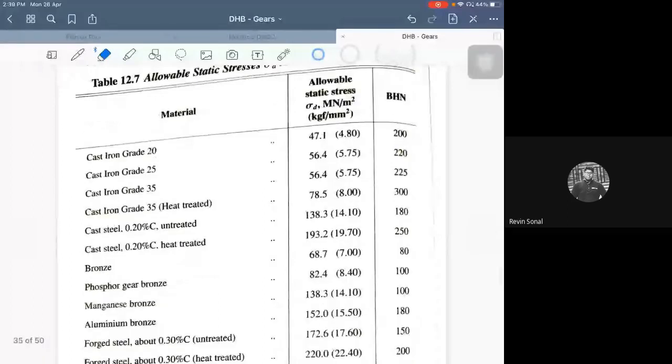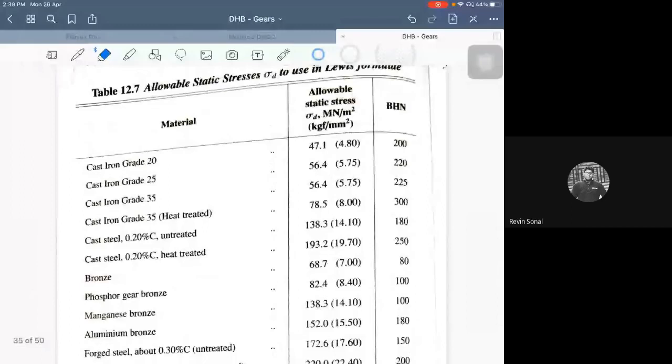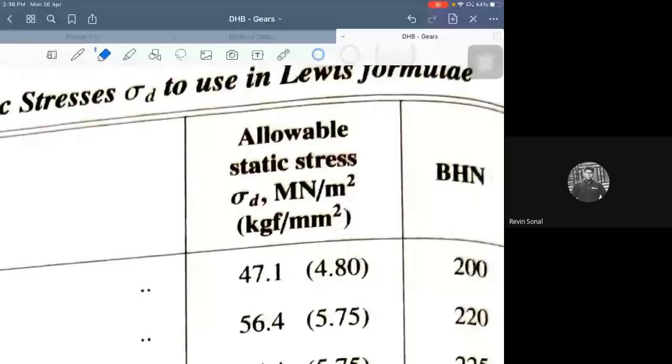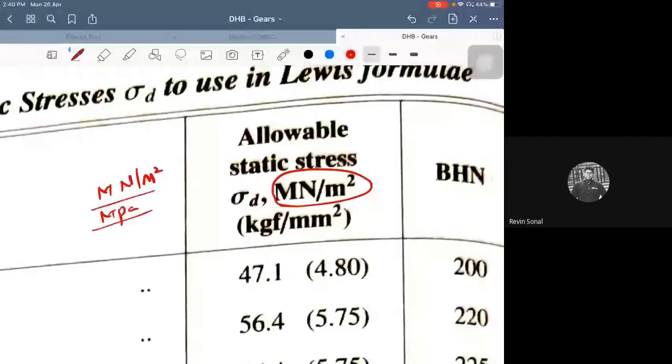So what is the unit that he has mentioned here? It's mega Newton per meter square. Newton per meter square is what? Megapascals. Have to directly substitute it in megapascal. Got it?